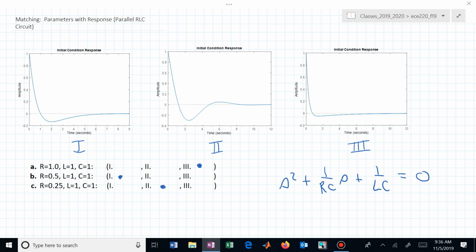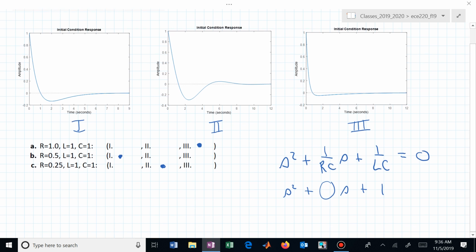If you did for each of these, so this one was actually always 1, and all we were changing was this coefficient there. And C was 1. So in this case, in A, we have S squared plus S plus 1.